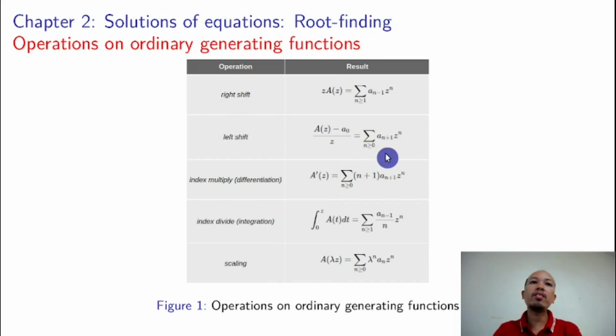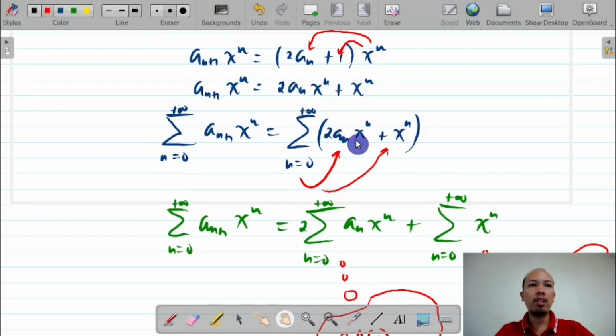Okay, this is summation of a sub n plus 1 times x to the n, just replace z by x, and starts from 0 to infinity. So this is the form a of x minus a sub 0 over x. Okay, so we will use this one. I hope you know how to use this. So a of x minus a sub 0 over x.